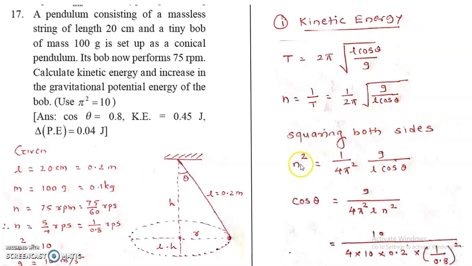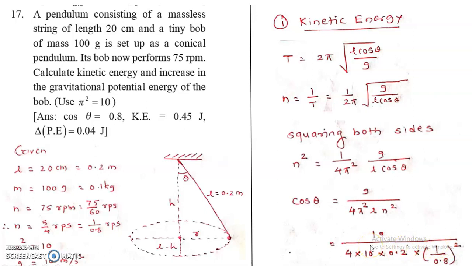Squaring both sides, we get n square is equal to 1 upon 4 pi square into g upon L cos theta. So cos theta is equal to g upon 4 pi square L n square. Now g we substitute 10, pi square as 10, L is 0.2 and frequency is 1 upon 0.8, so 1 upon 0.8 square here.